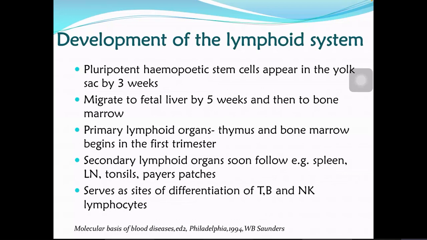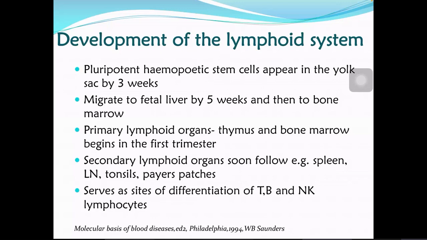You start off with pluripotent hemopoietic stem cells, and these are present in the yolk sac by about 3 weeks of intrauterine life. Then the cells start to migrate to the liver by about 5 weeks, and then they further migrate to the bone marrow.